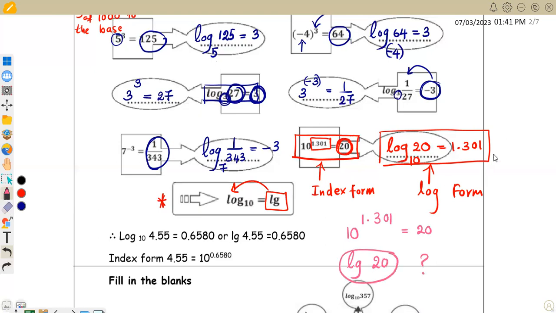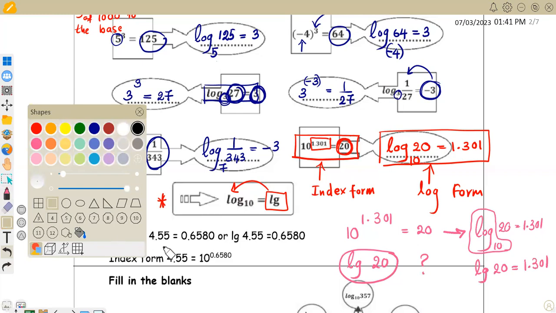That means the same as here. You have to write this in log form. It is equal to logarithm of 20 to the base 10 equals 1.301. Then instead of logarithm to the base 10, we can write LG 20 equals 1.301. That is what they have explained here.